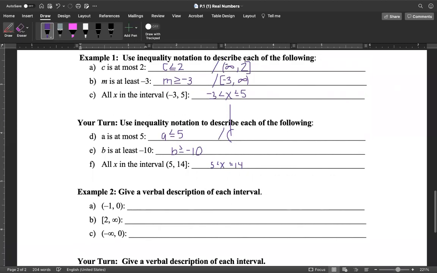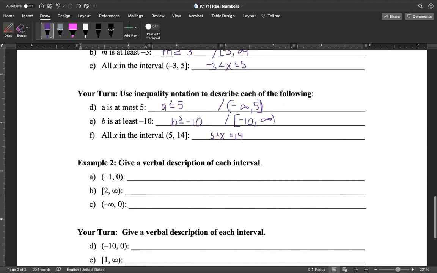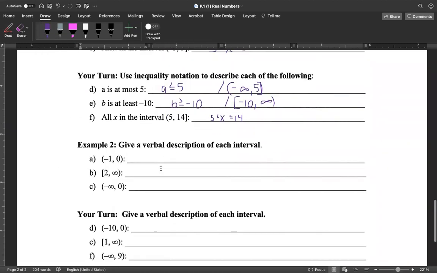One thing I forgot is I forgot the negative up there with the infinity. All right, so hopefully you got all of those right. Let's move on to example 2.